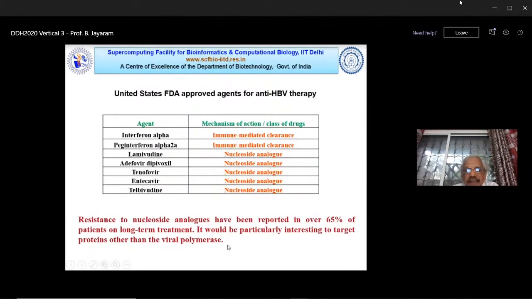So what is it that we want? We want a newer target, a different target than polymerase, and some molecule that does not look like a nucleoside. Right? So that's a challenge. In fact, one of my colleagues in the School of Biological Sciences at IIT Delhi, he's a world expert on this HPV, and he said, can you come up with a molecule?